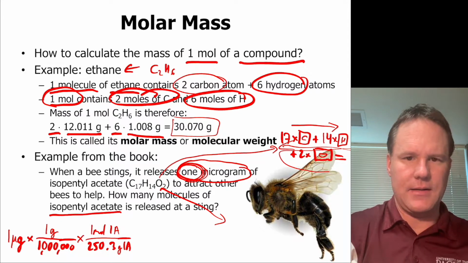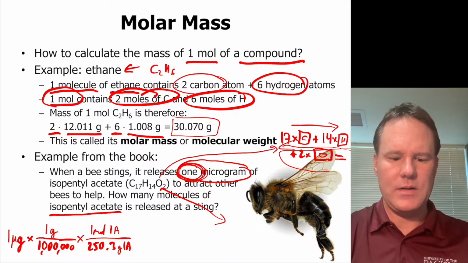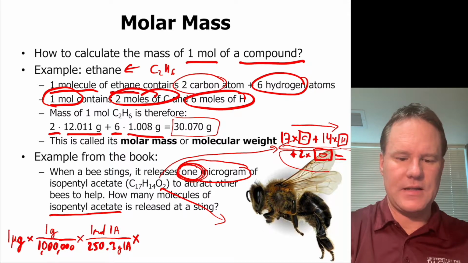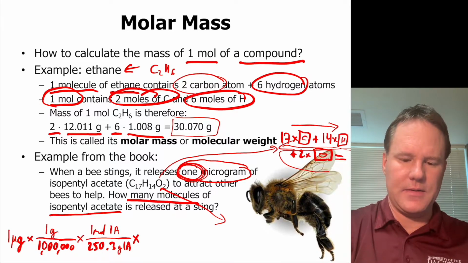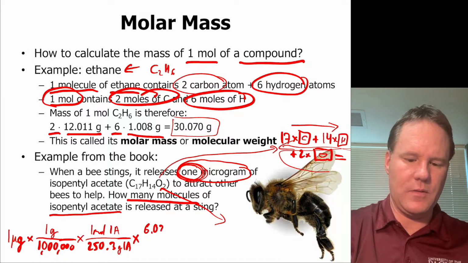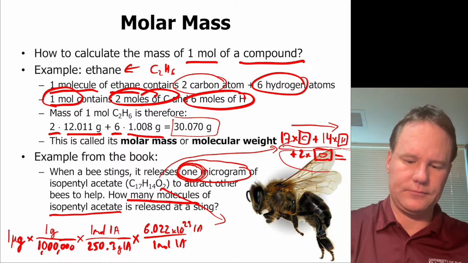Now the grams cancel out the grams and we have moles, and now since it's how many molecules, we multiply this by Avogadro's number, 6.022 times 10 to the 23rd per 1 mole of IA.